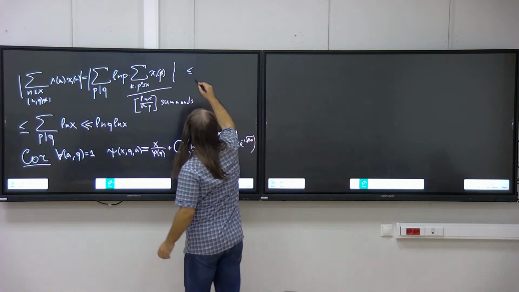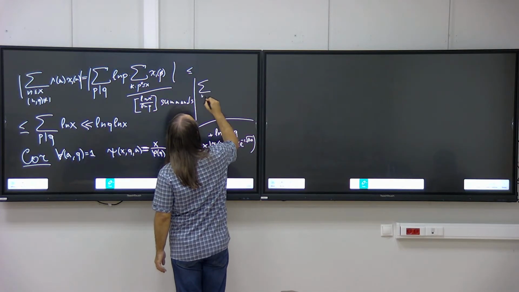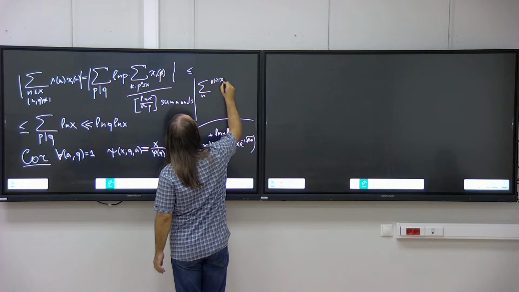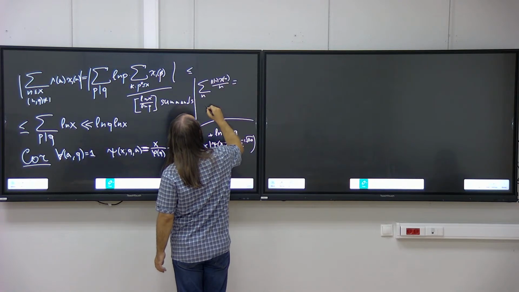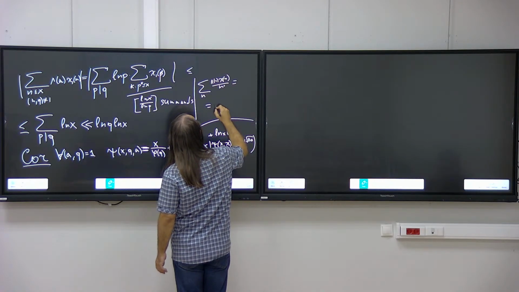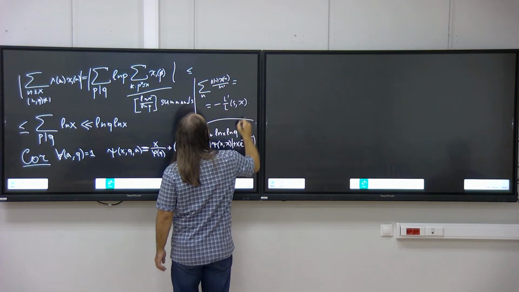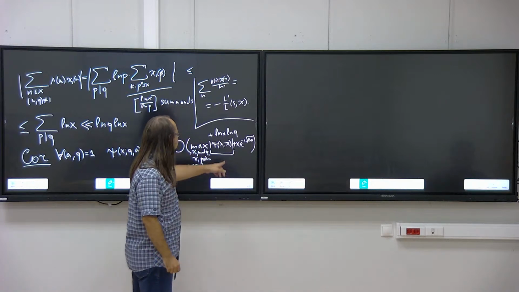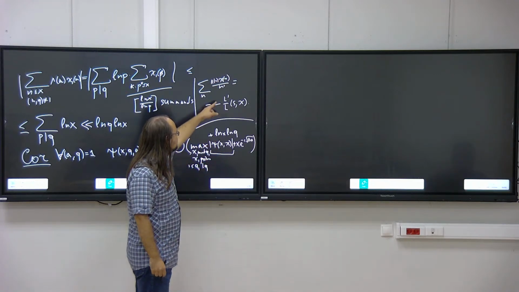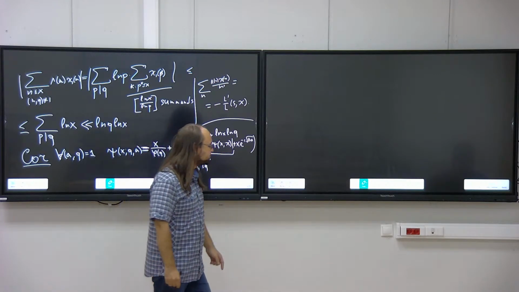Let me state it. The sum over all n of lambda of n, chi of n over n to the s is equal to minus L prime over L of s, chi. So this relates psi to the zeros of L functions.